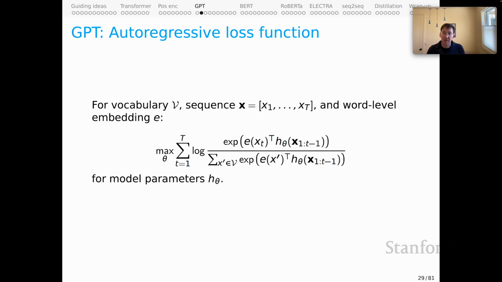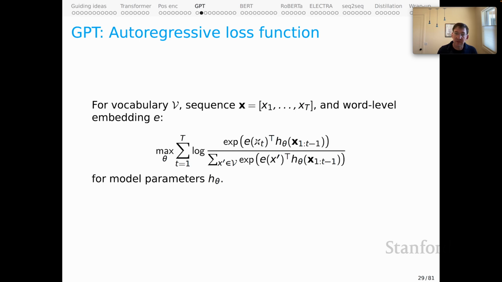I think the smart thing to do is zoom in on the numerator. What we're saying here is that at position t, we're going to look up the token representation for t in our embedding layer and do a dot product of that vector representation with the hidden representation that we have built up in our model to the time step preceding the one that is in focus here, time step t.